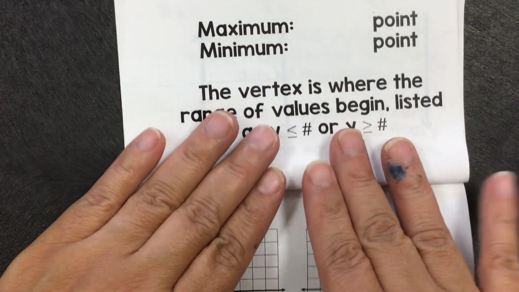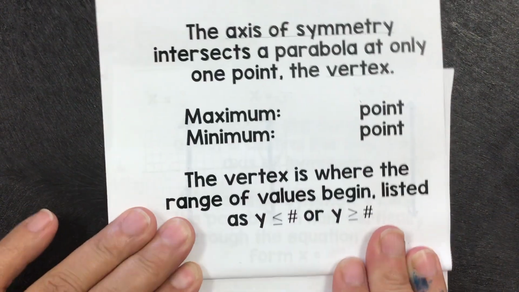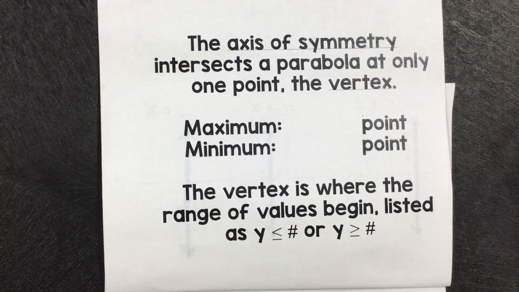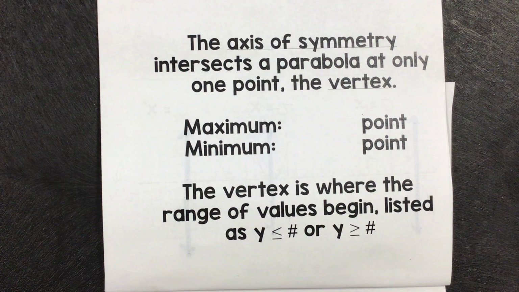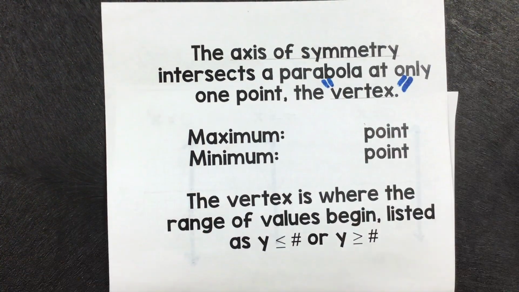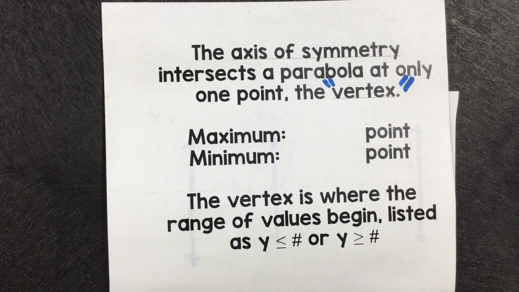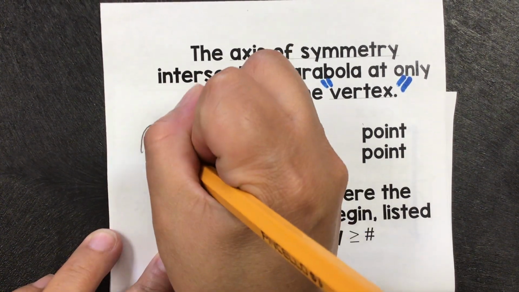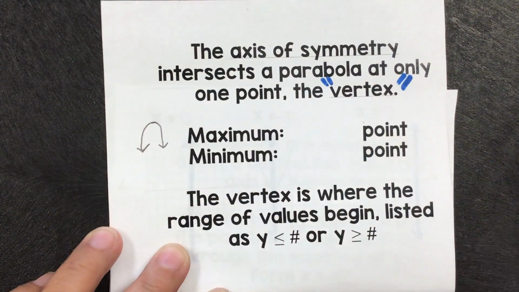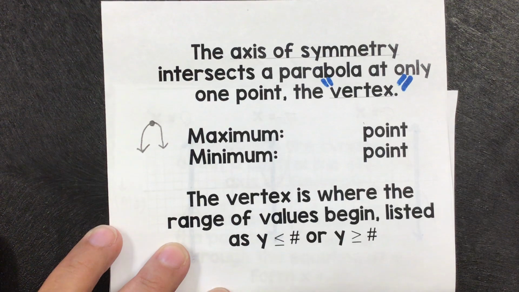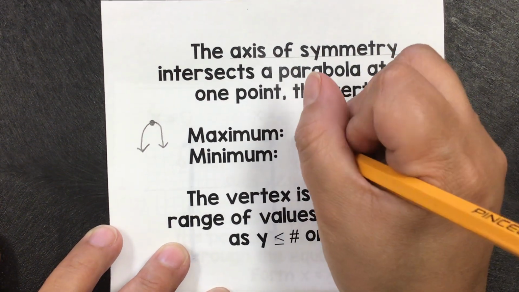And then the last little part for today. It says the axis of symmetry intersects the parabola at only one point called the vertex. Maximum. So if it's facing down, remember, and it's a U-shaped looking thing, here's its maximum or highest point.